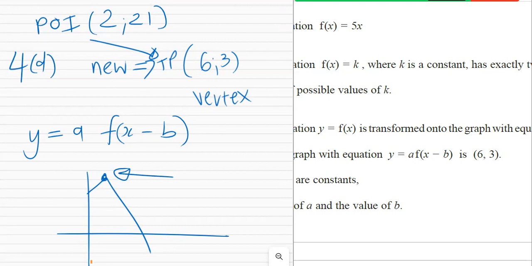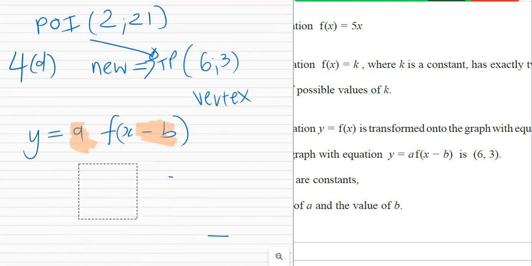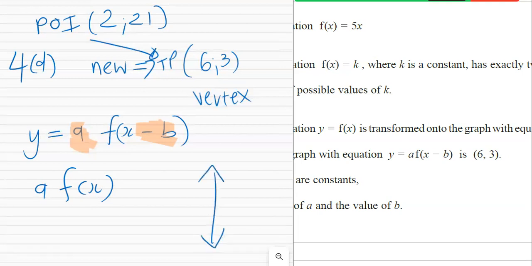Okay, so the vertex, that's what we're looking at. It's been shifted from the original f of x by this a value and by this b value. So what we need to work out is what is a and b, and what do these shifts from our original f of x do? Well, the a value stretches or squishes the graph this way.